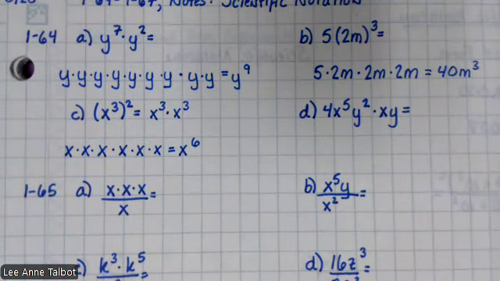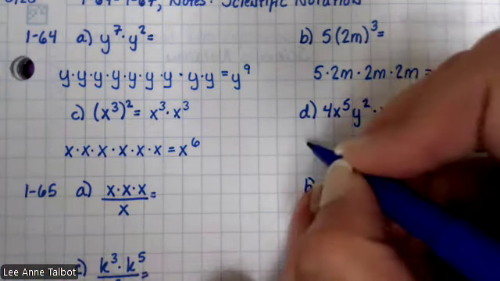Okay, now how could I get x to the 6th from the original problem without writing all of that stuff? Yeah, multiply 3 times 2, 6. So we're learning shortcuts. At some point, I just want to make sure we establish the definitions today.